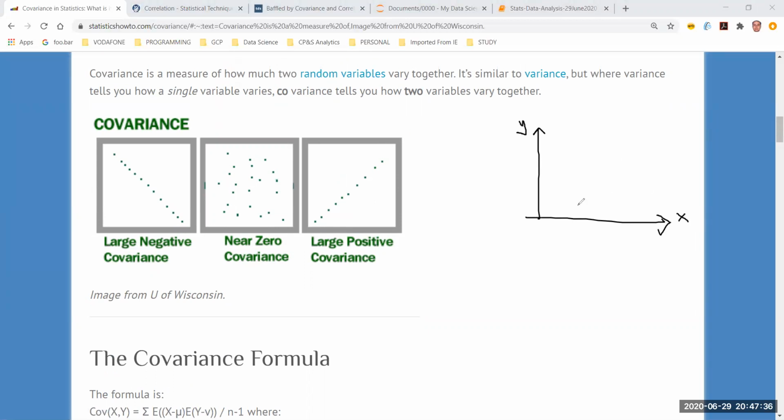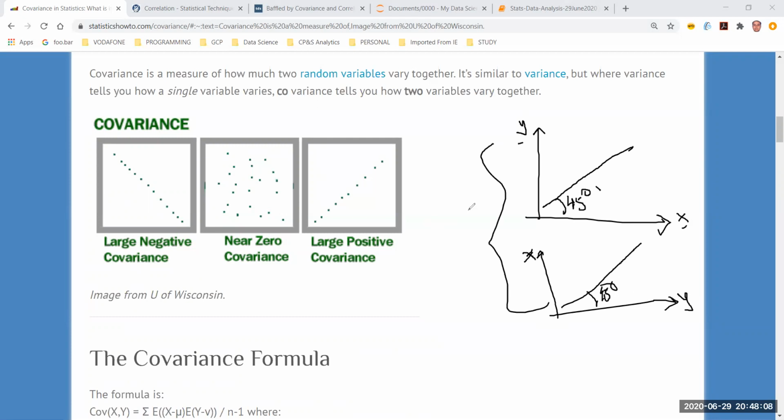If I see that the covariance or the plot is something like this, it does not mean that if I replace x and y tomorrow, so now this becomes y and this becomes x, I can't say that the same kind of line, or the degree over here, let's say 45 degrees, I can't say that a plot of y and x is also going to be 45 degrees because the plot of x and y was 45 degrees, right? Only on the basis of this value I cannot say that. So that is the limitation of covariance.